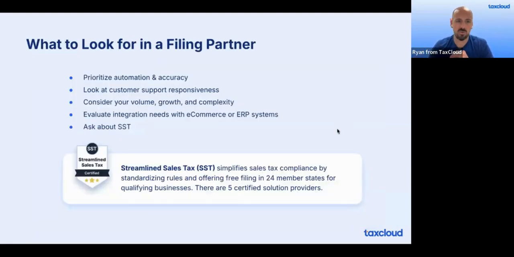So when you're looking at tools that are out there, if you decide to work with a filing partner like TaxCloud, there are a few things you'll want to keep on your list as you go through your evaluation. Automation and accuracy should be standard. So you'll want to look at reviews that are out there. How often are you seeing people mention, we had issues with our filing, these sorts of things?